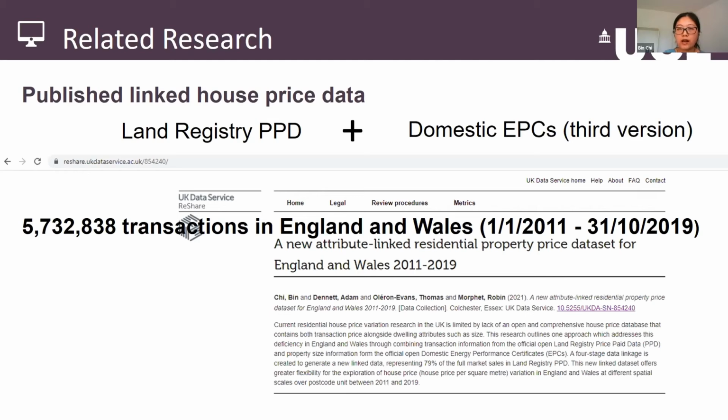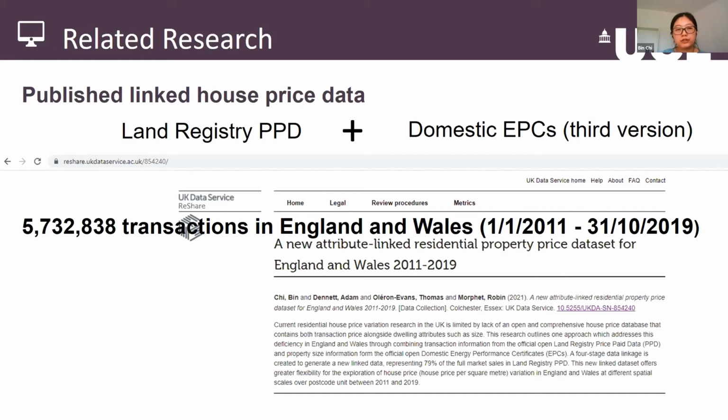One will be launched in the GLA database at the end of April or maybe early May. It records over 80 million linked house price per square meter records, and you can use it for non-commercial uses.